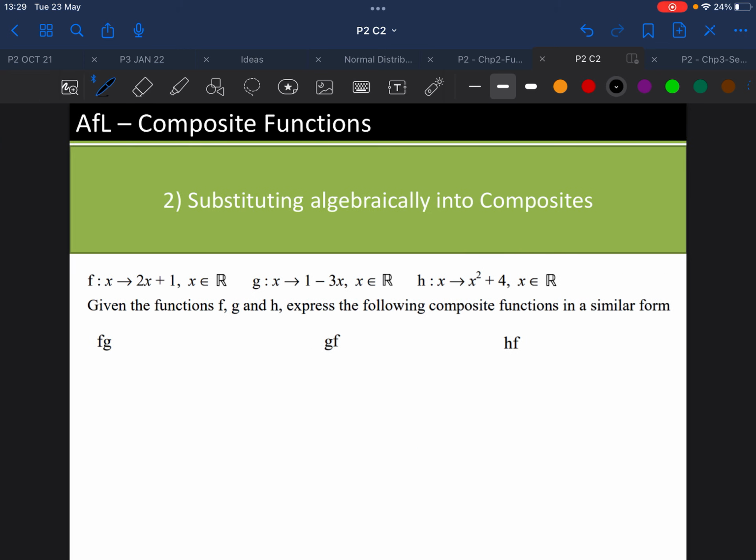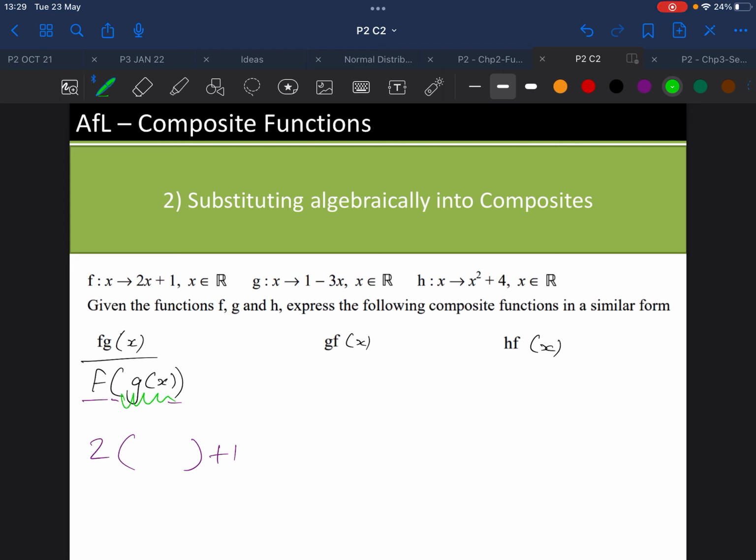Substituting algebraically, so these should actually be written like this. So let's do a couple of these. So what does it mean? It actually means that. So you might want to start by writing your f rule, which is 2 something plus 1, and then putting the g of x rule inside.